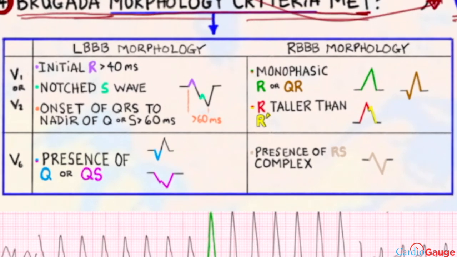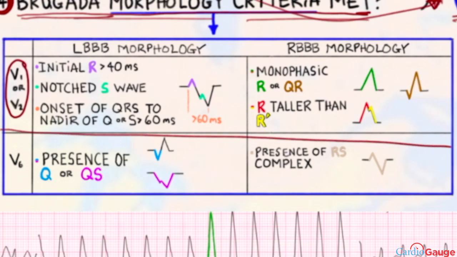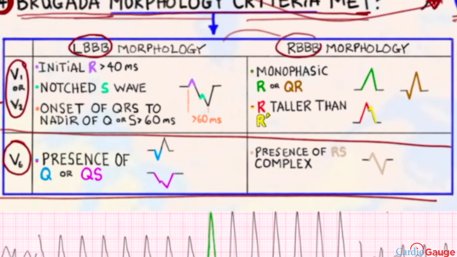So with the Brugada Criteria, you got to know several things. You got to know you're looking at leads V1 or V2 for some of the criteria, and then you're looking at V6 for these criteria here. And then you also need to know you're looking for a left bundle type morphology or a right bundle type morphology.